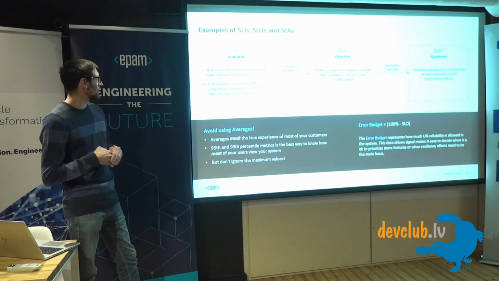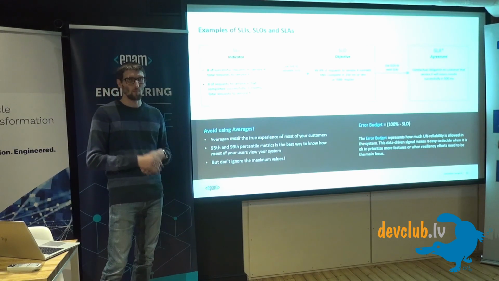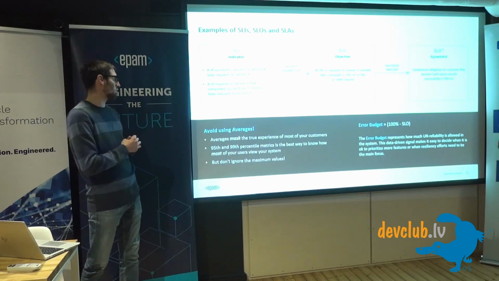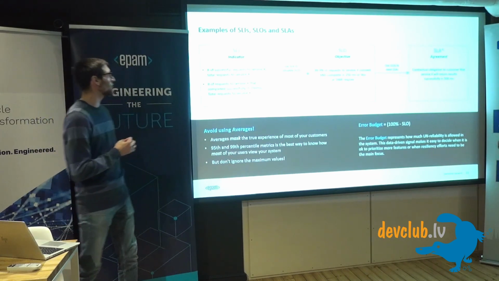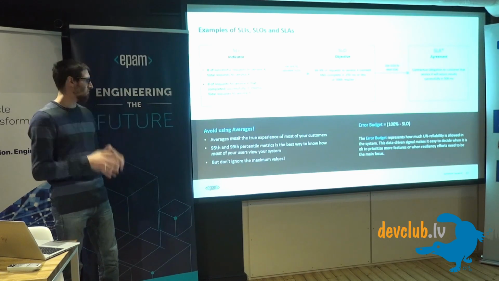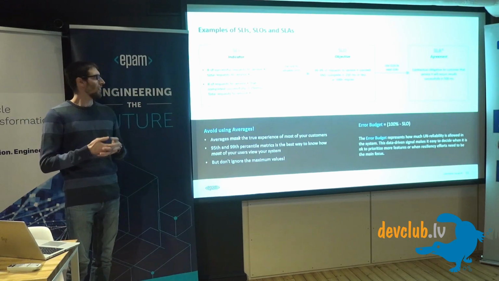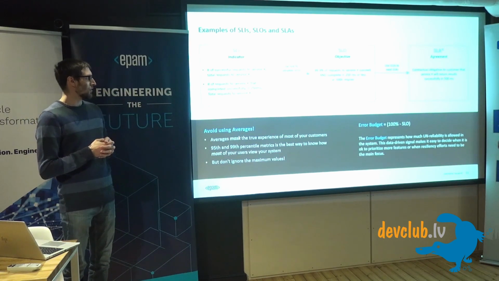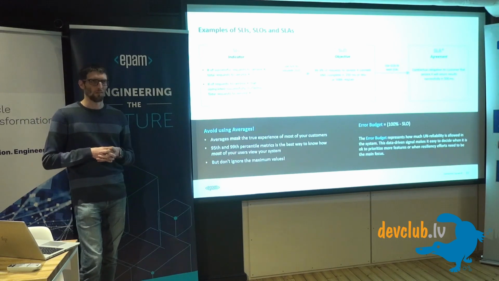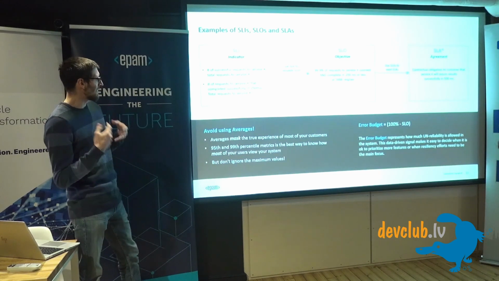Let's imagine that we have the number of successful requests to our service and the full amount of requests. So this can be defined as an SLI, because our customers will be unhappy if half of all requests fail, right?